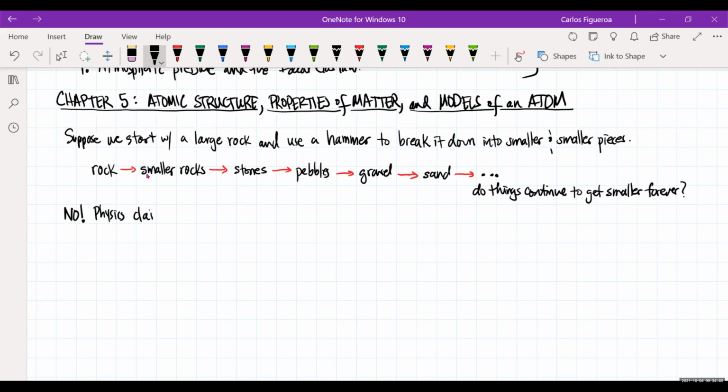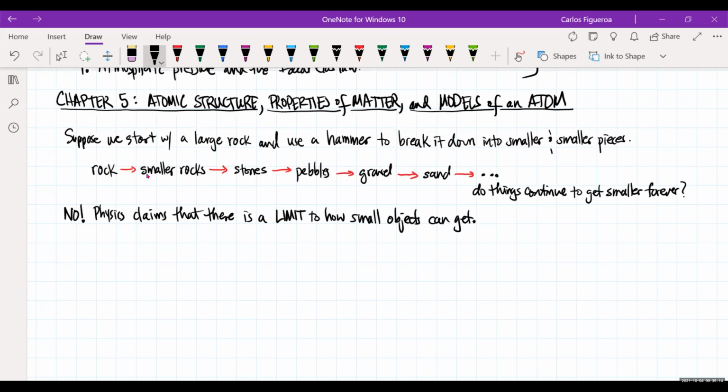Physics claims that there is a limit to how small objects can get.